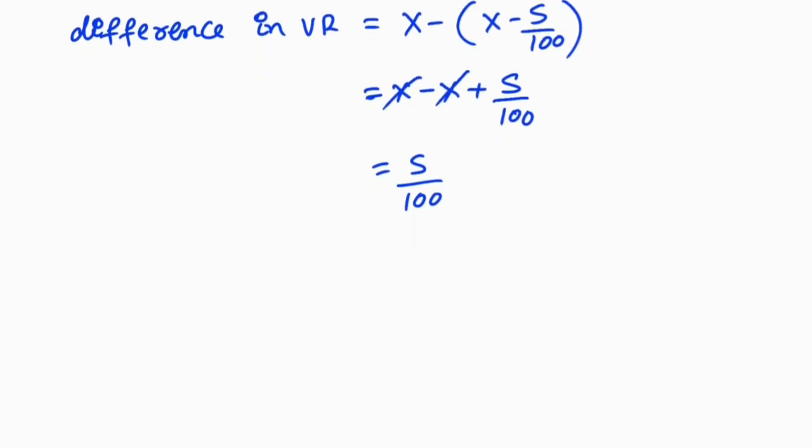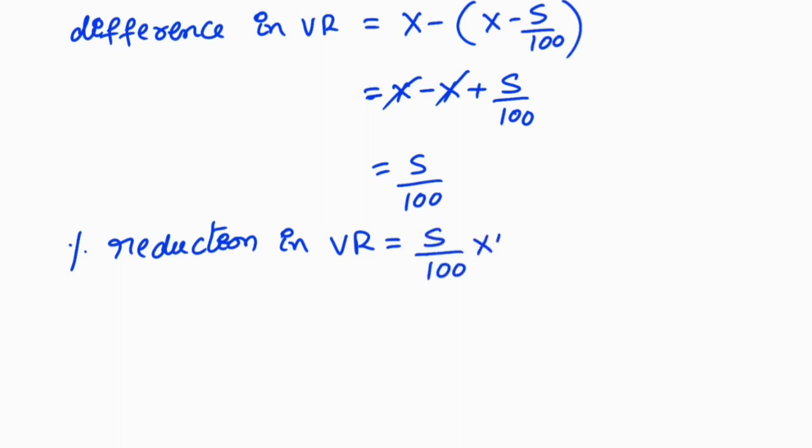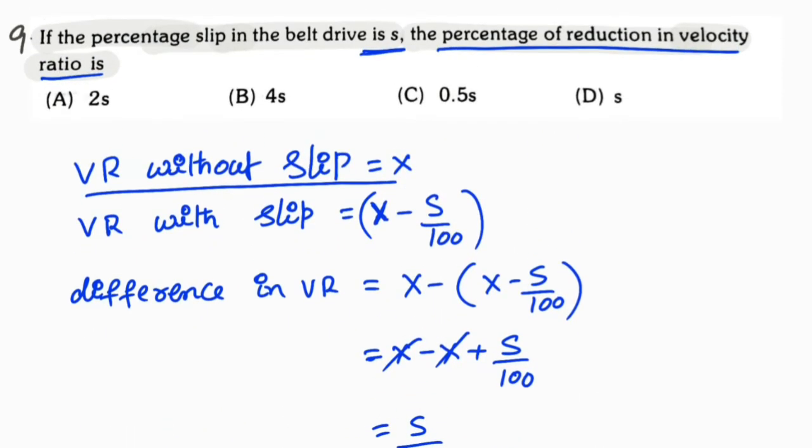Therefore the percentage reduction in velocity ratio is s by 100 into 100, and these two cancel. Finally it is s. That is the answer, I hope you understood. Option D is absolutely correct.